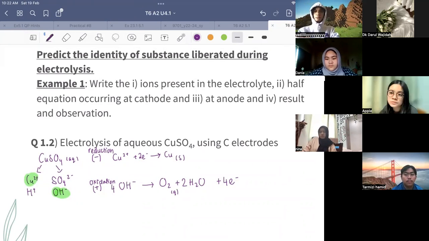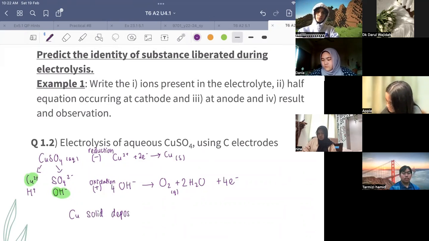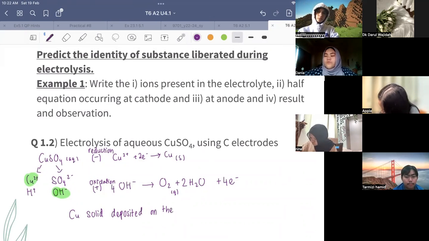Since we are forming solid copper on the negative electrode, we would observe copper solid being deposited on the cathode.